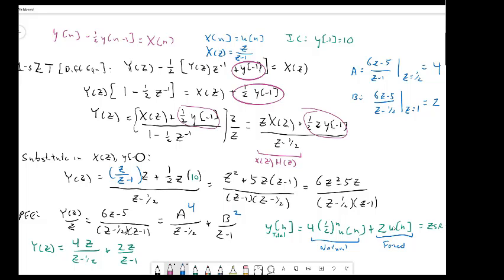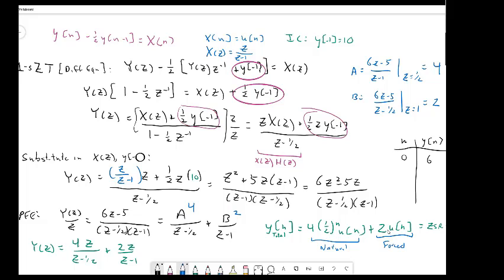And if we evaluated this expression that we got for y of n for different values of n, now let's do that. Let's make a little table here of n values and y of n. We plug in n equals 0, you get 4 times 1/2 to the 0, which is 1, plus 2 times 1, so we get 6.